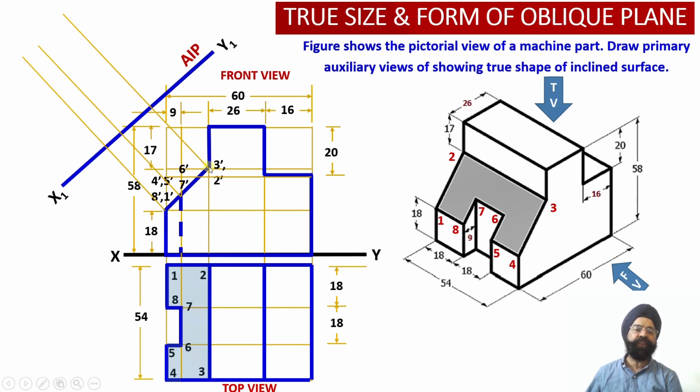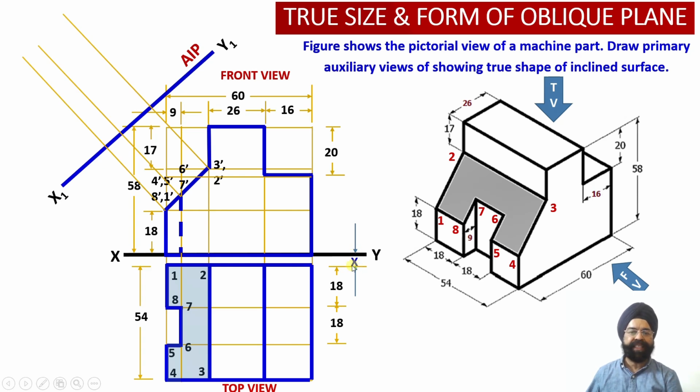Now let us start with the construction of this auxiliary plan. We know that while we were drawing this top view projection, this distance was not given to us. So this was taken by us randomly over here. This distance, which is not fixed, I have marked as distance x.